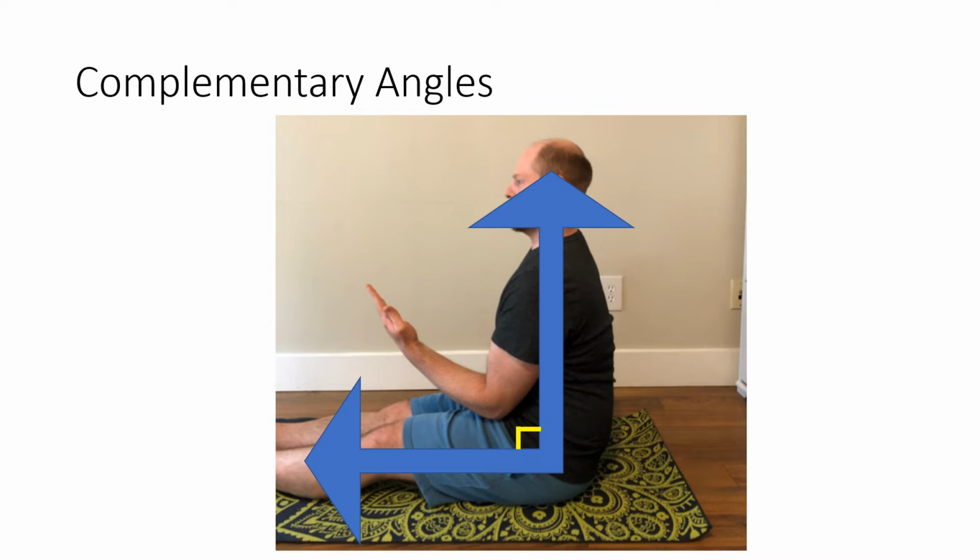It's also called a right angle. Now, complementary angles, notice that's plural, means 2 angles that add up to 90 degrees. So notice here is an angle, here is an angle, and together they make 90 degrees.